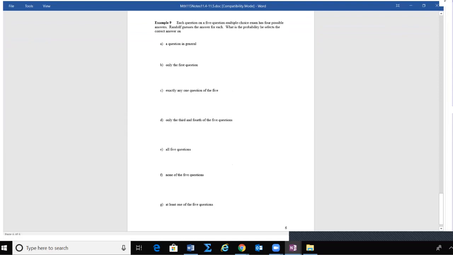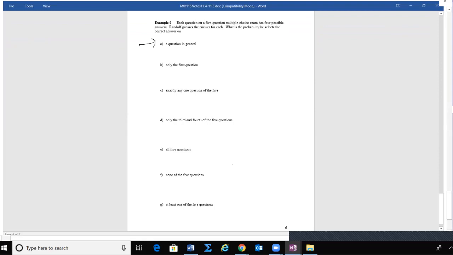Each question on a 5-question multiple choice exam has 4 possible answers. Randolph guesses the answer for each. What's the probability he selects the correct answer on a question in general? So we don't know. It says 5 questions, but we're just asking a question in general here. So any question.